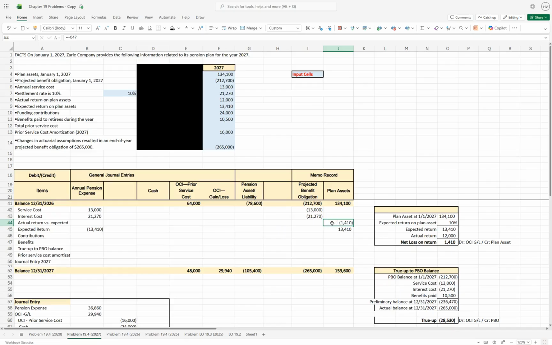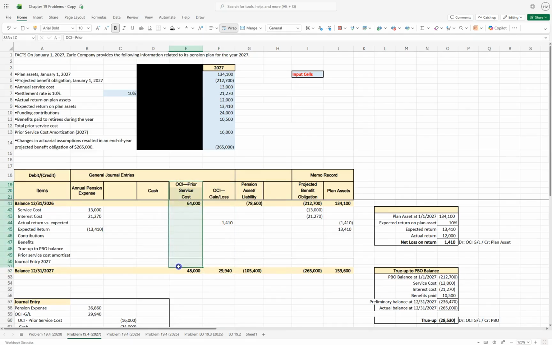But this $1,410, rather than contributing volatility to the earnings via the pension expense, we have a special treatment. We're going to debit the OCI for gain losses, for these specific types of gain losses. And so notice, with 2027, I've added this new column, right?